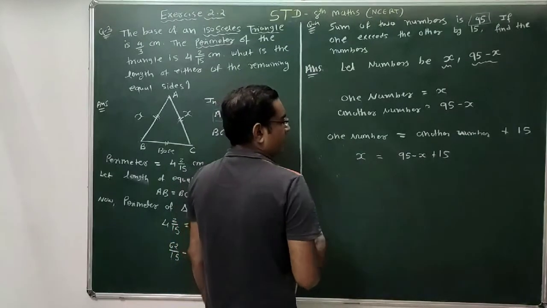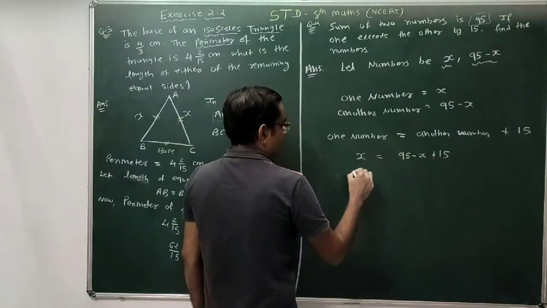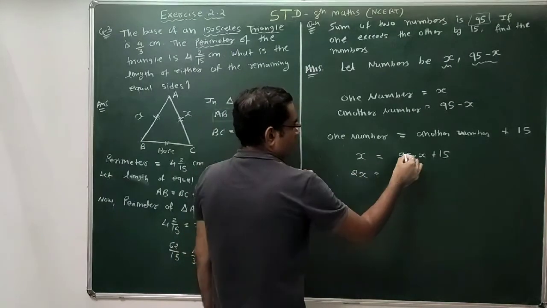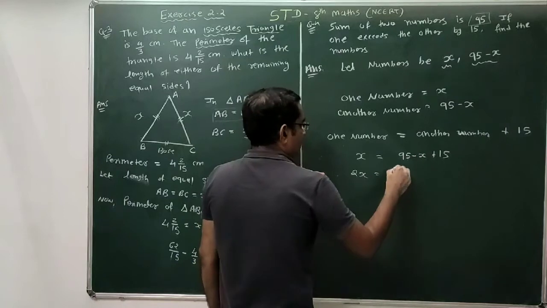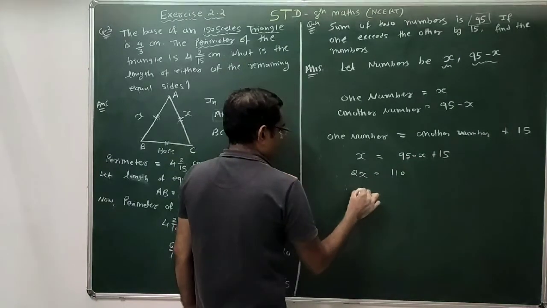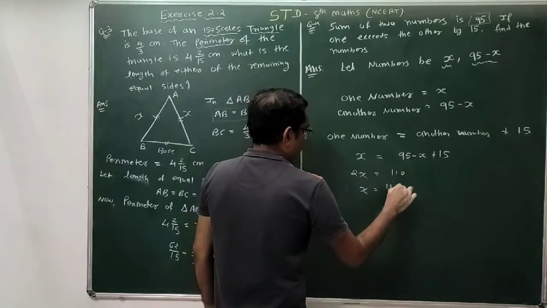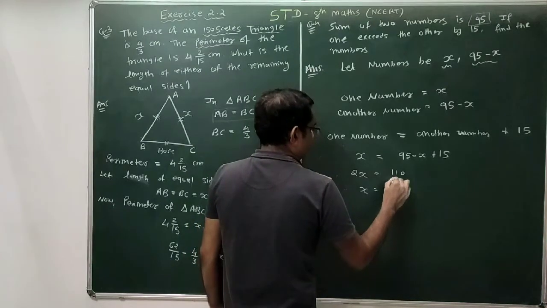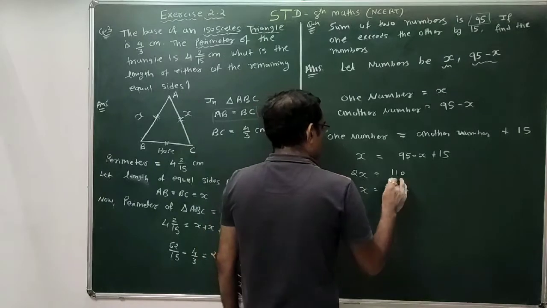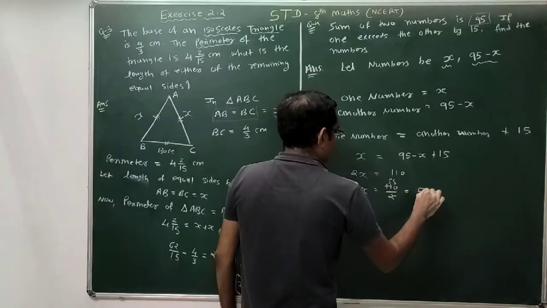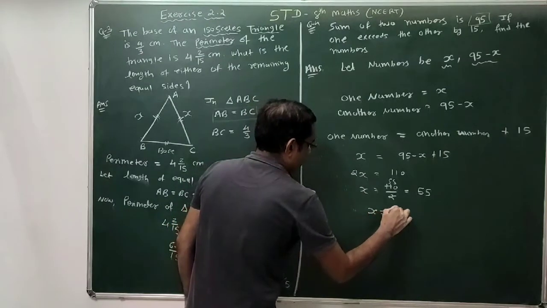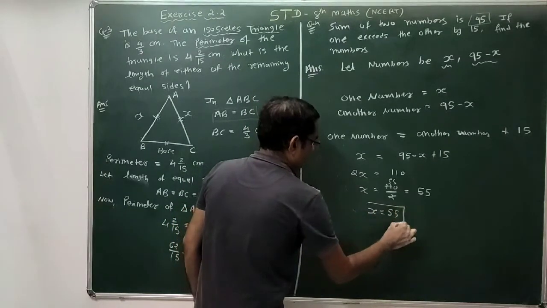Therefore, this is one linear equation. Take minus x on the left hand side. So it will be x plus x, which is 2x. 95 plus 15, so it's 110. Therefore, x equal to 110 by 2. So that is equal to cutting 2 5s are 10, 2 5s are 10. So that will be 55. So we are getting x equal to 55.